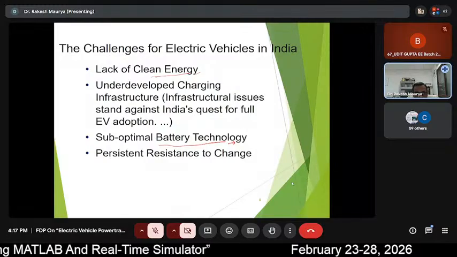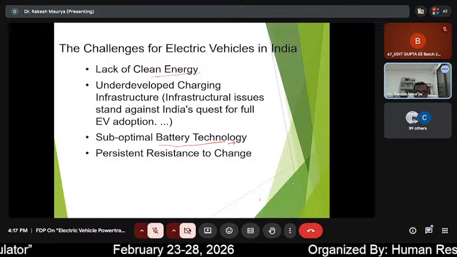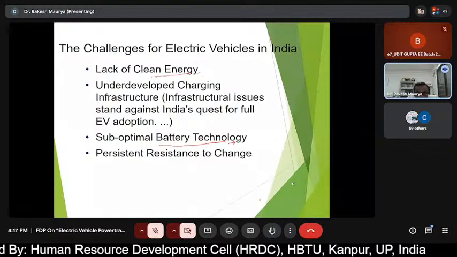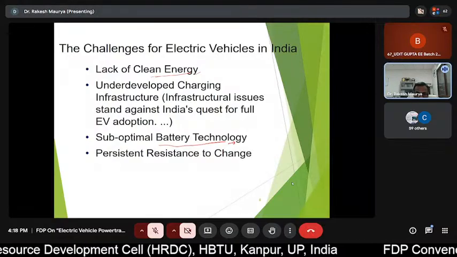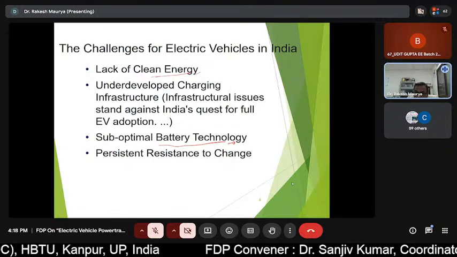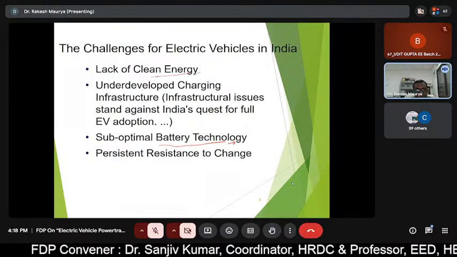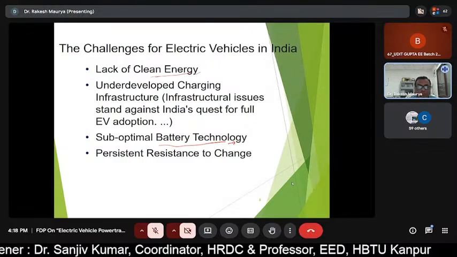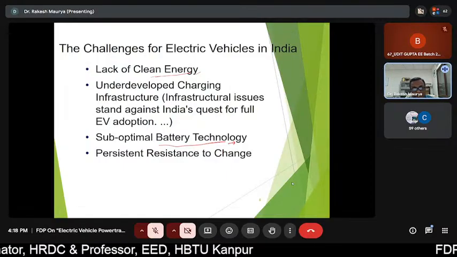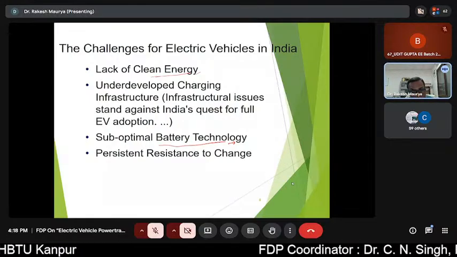So we need to cope with that battery technology, and after certain years, like 5 years, you have to see the end of life of the EVs. Then what is the secondary use of the EV battery? How to segregate and dispose of the e-waste, or is it possible to recover the same battery? All of this associated research is required, and we need to train our students to think about this technology.